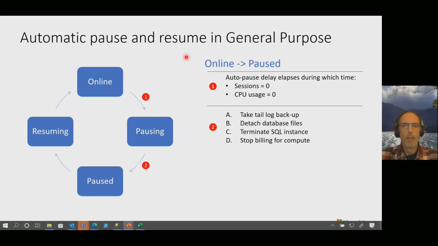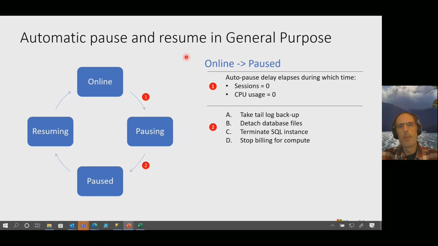This involves first taking a tail log backup to ensure an orderly shutdown of that database, then detaching the database files, and then finally terminating the underlying SQL instance, at which point billing for compute is stopped.